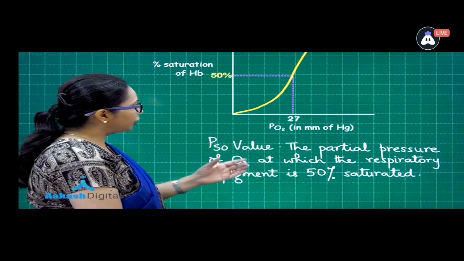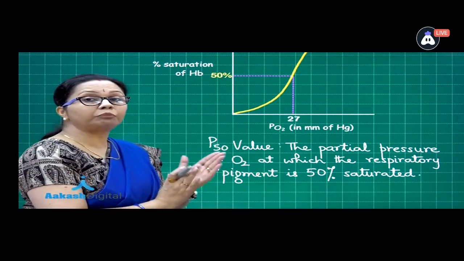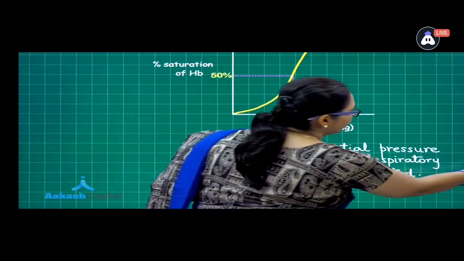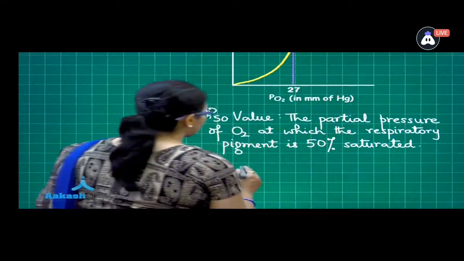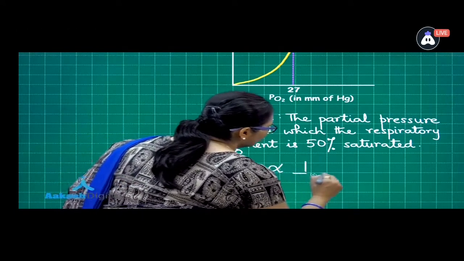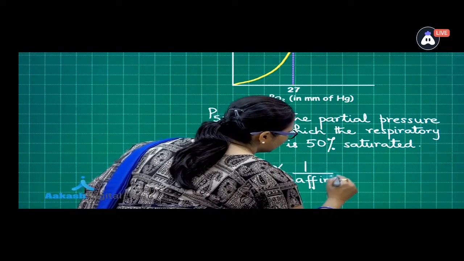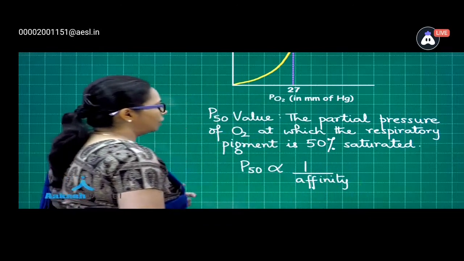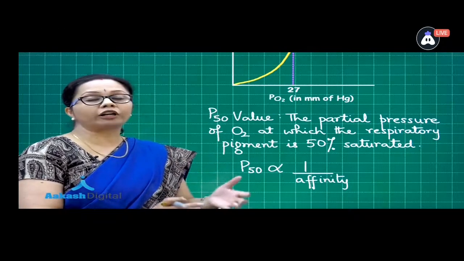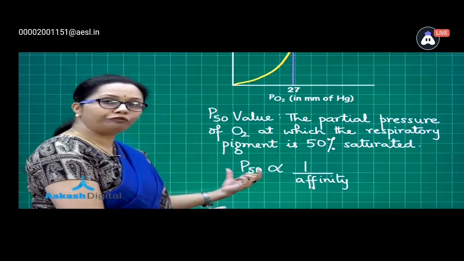Now this simply indicates that if the P50 value is very low, that means the pigment has very high affinity for oxygen. So in other words, we can put this as P50 is inversely proportional to affinity. So in living organisms, the respiratory pigments that evolution has selected are those which have a very low P50.